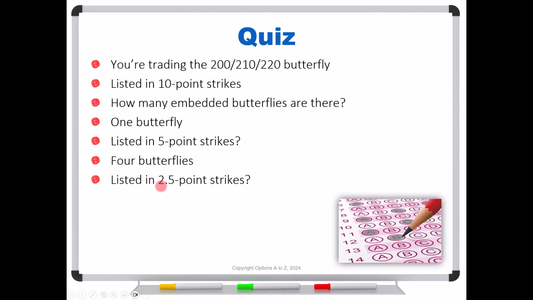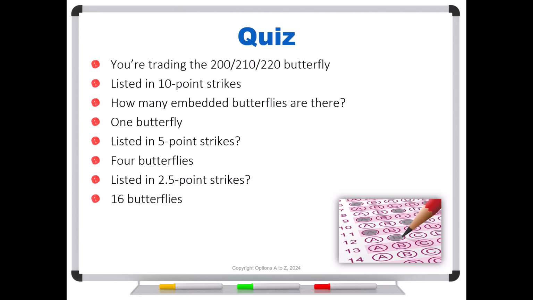Go 200, 202.50, there's 1 step, 205, 207.50, and then 210. There's 4 steps to get from 200 to 210 if you're counting by 2.5-point increments. So 4 steps squared is 16. There will be 16 butterflies in that spread if they are listed in 2.5-point increments.